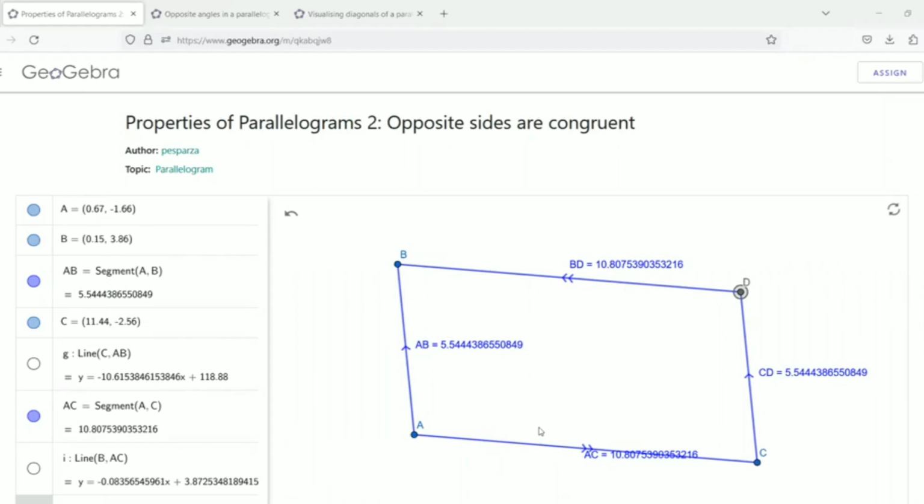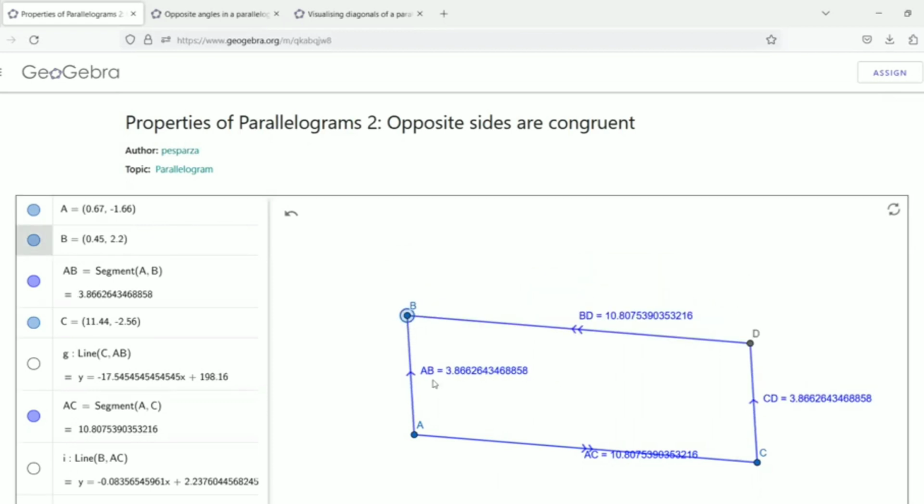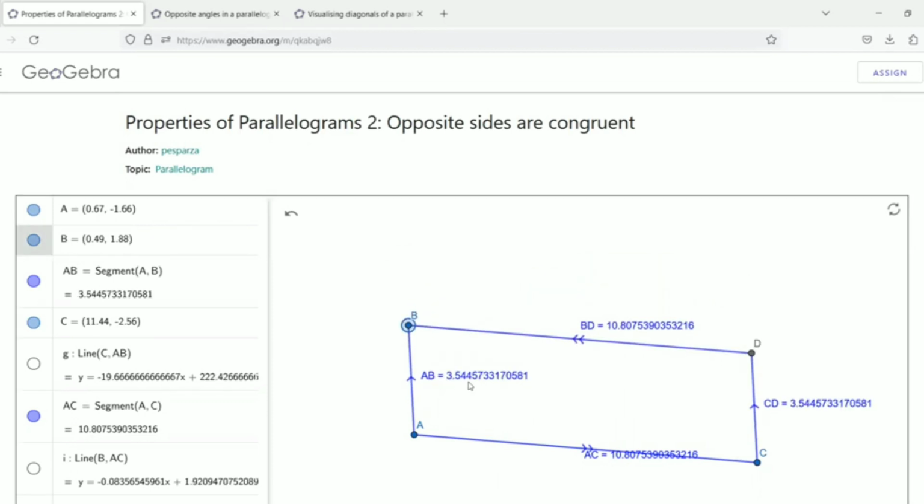If you see here, ABCD is a parallelogram, AB and DC are the opposite sides. What is the value of AB? 5.54, and CD is also 5.54. If I try to change the size of AB, look, I made it short. So AB now became 3.54.